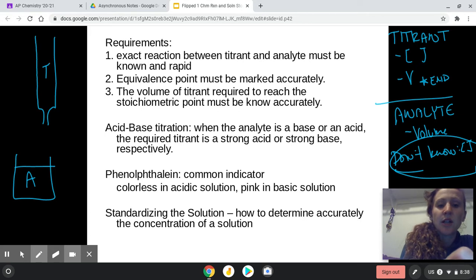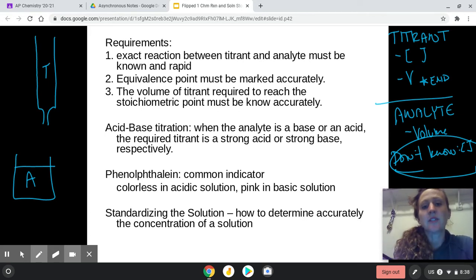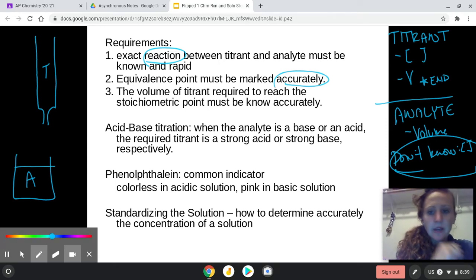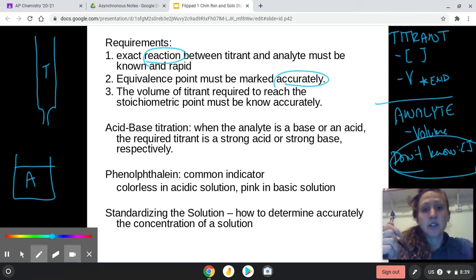Okay, so in order to do an effective titration, in order to analyze a solution with a titration, you have to know the reaction. The equivalence point must be marked accurately. And this is what we talked about when we were doing our titration. Remember, we did that first one that we called quick and dirty. We just did it quickly to mark the ballpark area.